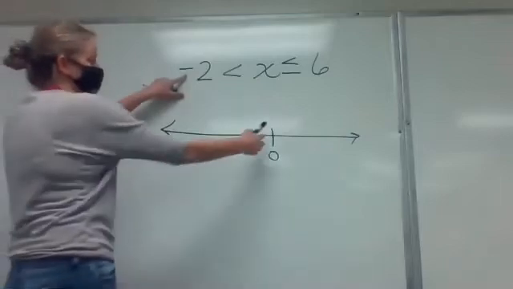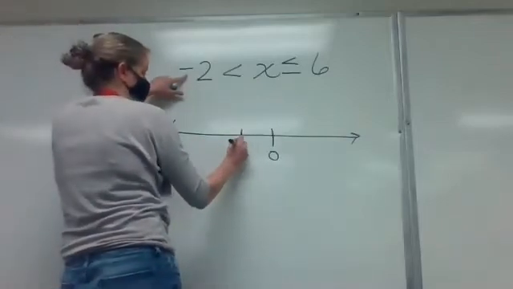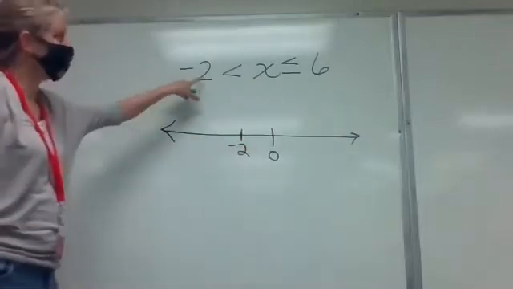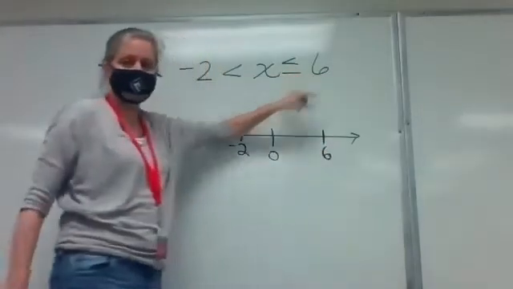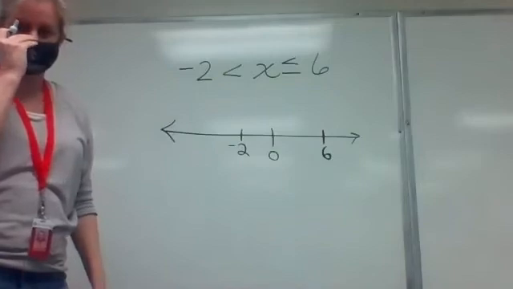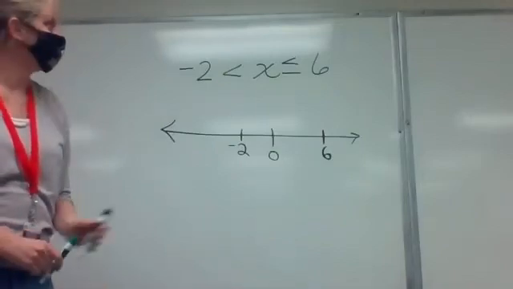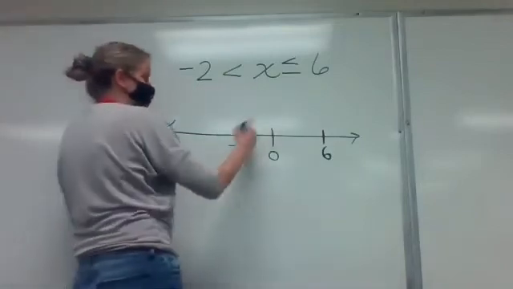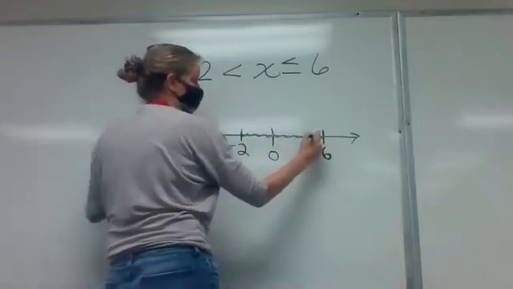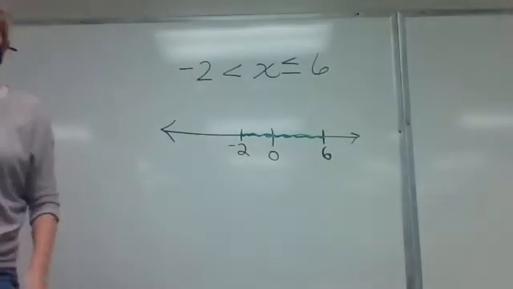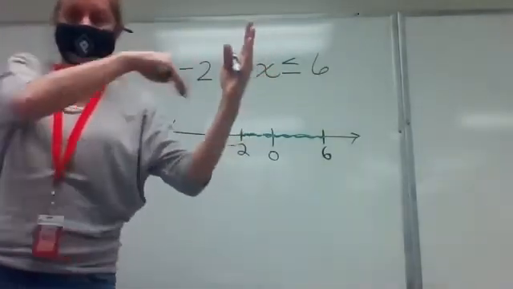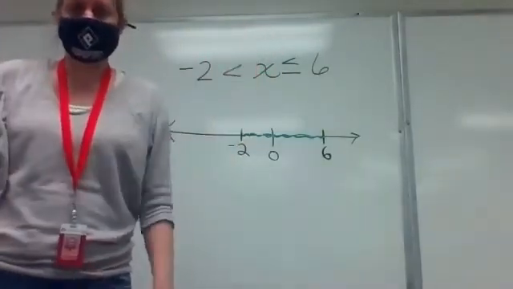So let's see, -2 will be on this side of 0 because it's negative. 6 will be on this side of 0 because it's positive. If x is in between -2 and 6, x is all these numbers right here. That's how you be in between -2 and 6, is you literally are between them.